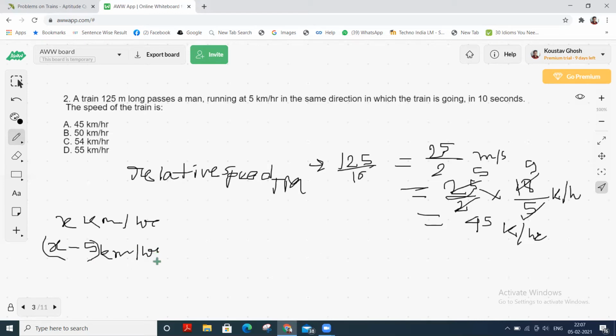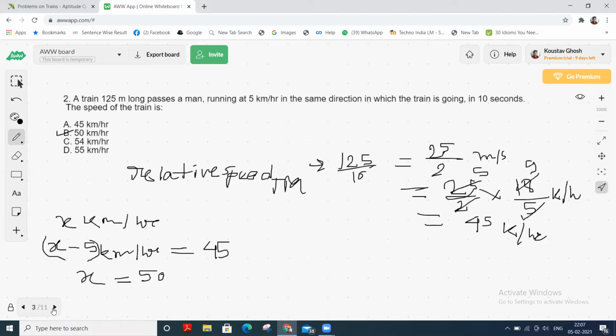So x minus 5 equals 45, as 45 is the relative speed. So x is 50 kilometer per hour. So the speed of the train is 50 kilometer per hour. Option B is correct. I think it is clear to you.